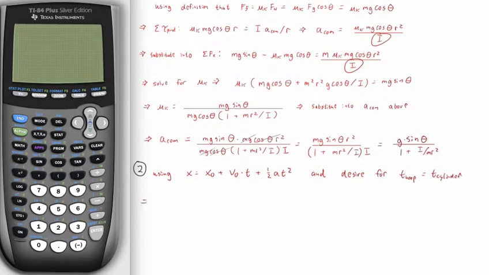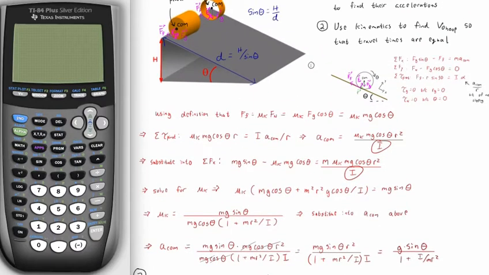Then our final position, h divided by sine theta, is going to equal 0, plus some initial velocity for the hoop, v naught h, times t, and then plus 1/2 times g sine theta over 1 plus mr squared over mr squared, because here the moment of inertia of the hoop is simply mr squared.